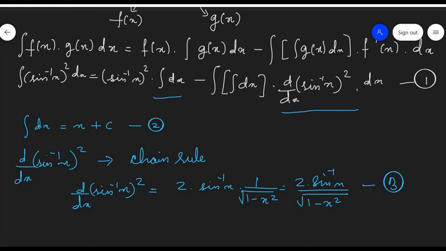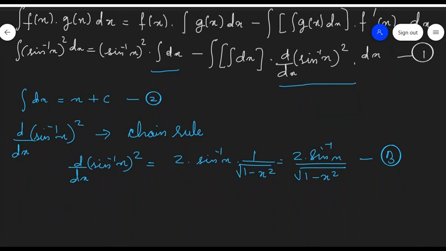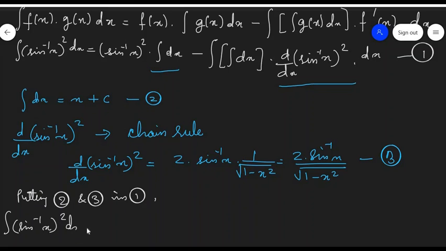Now I can put equations number 2 and 3 in equation number 1 and calculate further. So putting 2 and 3 in 1, I get the integration of (sin⁻¹x)² dx as (sin⁻¹x)² into the integration of dx, which is x plus c. This constant we will add later.